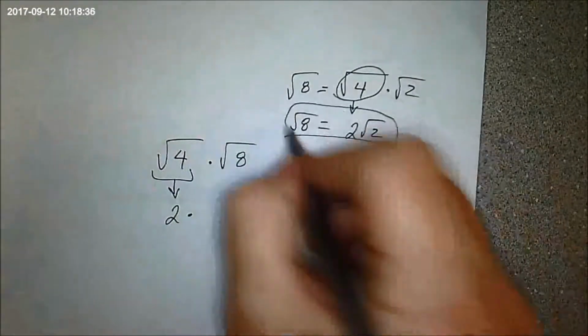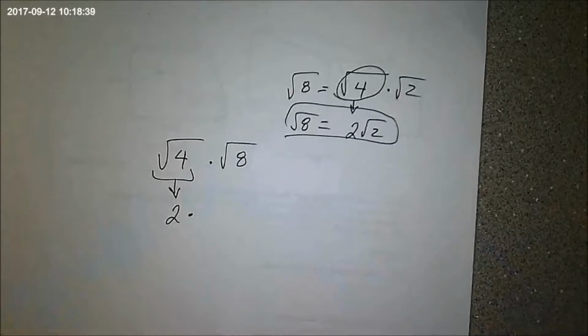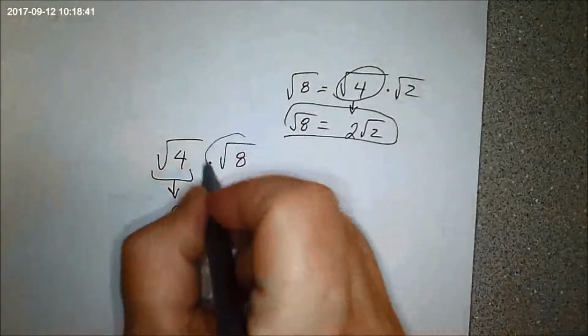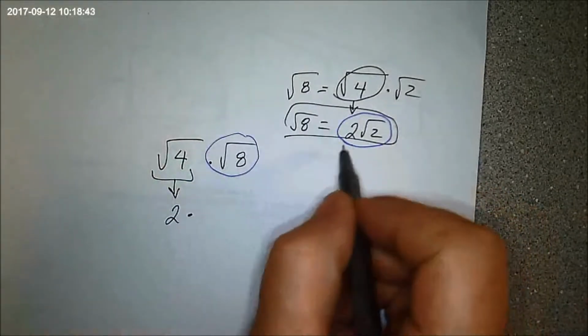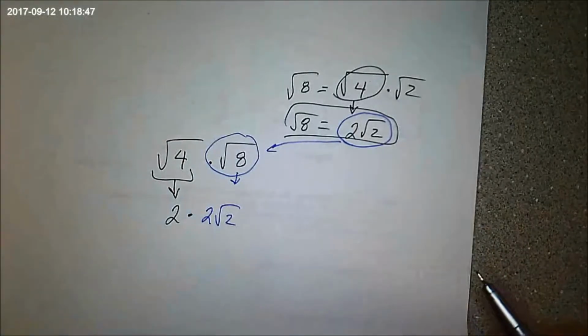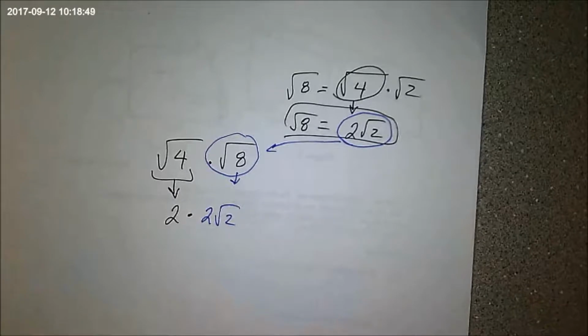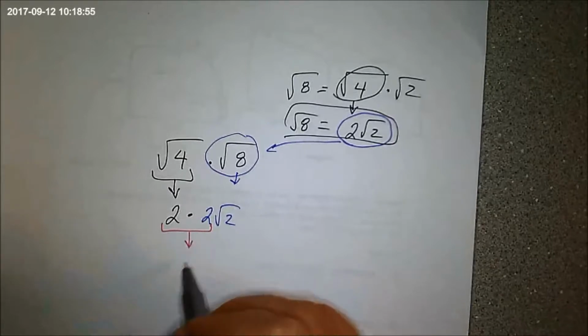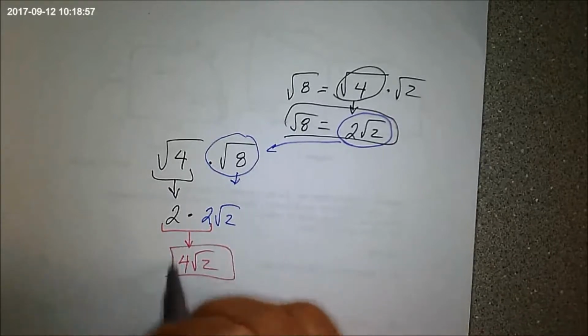So the square root of 8 equals that. Okay. The square root of 8 equals this. Right? You see now? So would it be square root of 4 times the square root of 2?